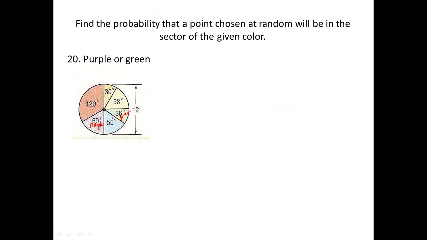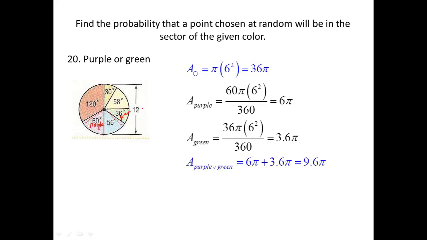So again, I've got to add those two together. I got this section and this section. So in my whole circle, I know I'm going to need that for the probability. So that gives me the area of the purple, area of the green. I'm just doing this. Add them up.